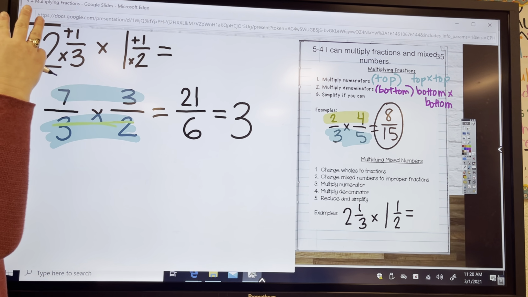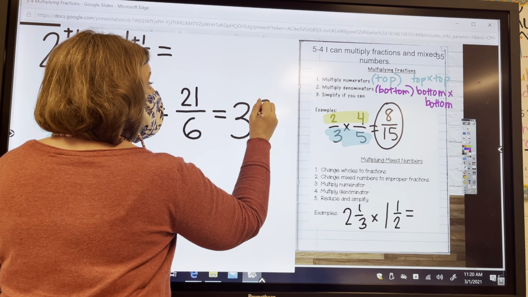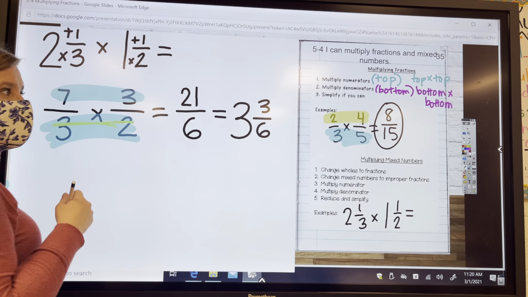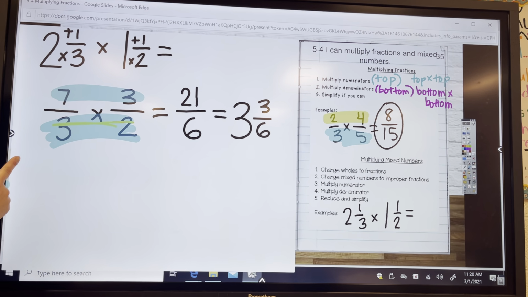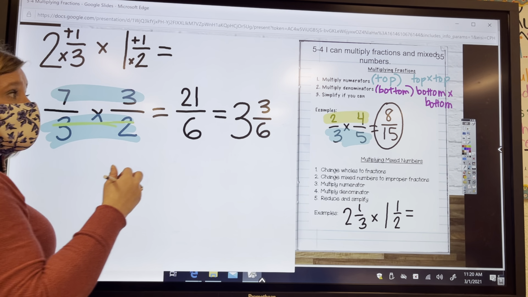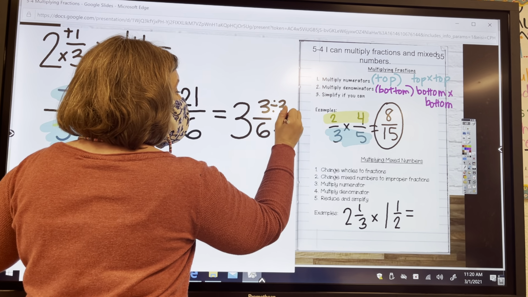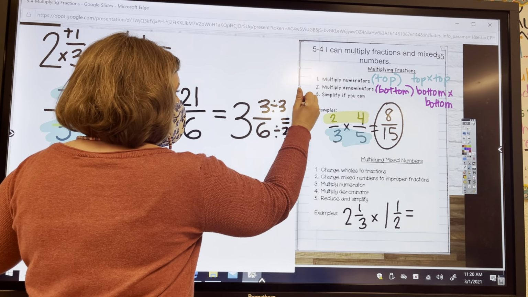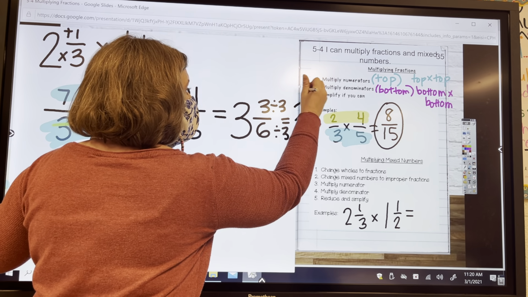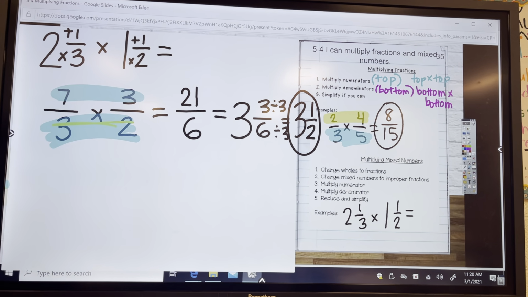How many are left over? 3. And my denominator stays the same. Now, can I leave it like that? No. What can I divide 3 and 6 by? 3. 3 divided by 3 is 1, and 6 divided by 3 is 2, so it would be 1/2. So the answer is 3 and 1/2.